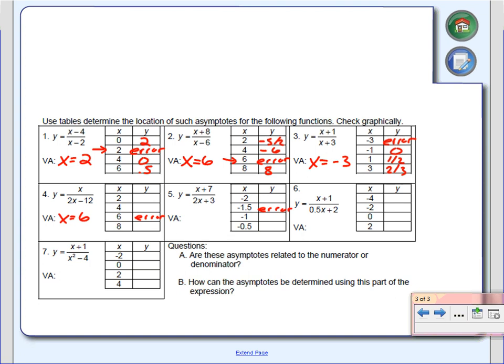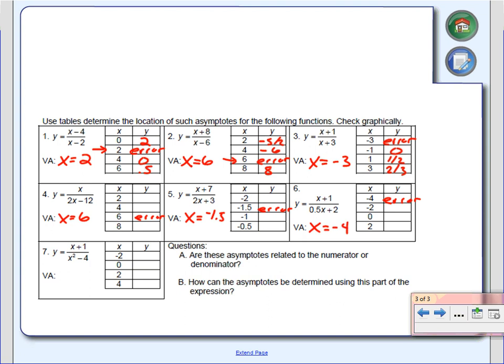Right next to the negative 1.5, which means your vertical asymptote should have been x equals negative 1.5. Number 6, where was the error on number 6? Next to which number? Next to negative 4, which means your vertical asymptote was x equals negative 4.